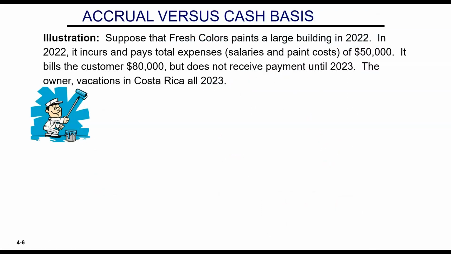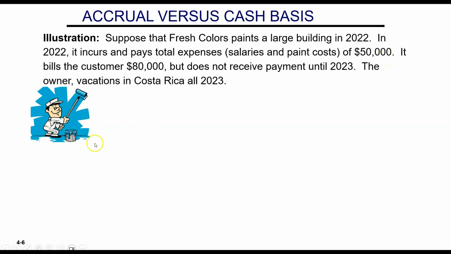Now, here's an example why these accrual accounting principles are so important and what they're trying to achieve. So we've got a super simple business here, Fresh Color Paints, and let's assume that this company paints a large building in 2022. It incurs and pays total expenses like salaries and paint costs of $50,000.